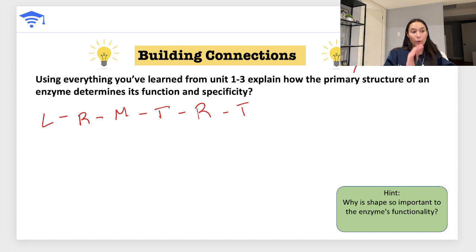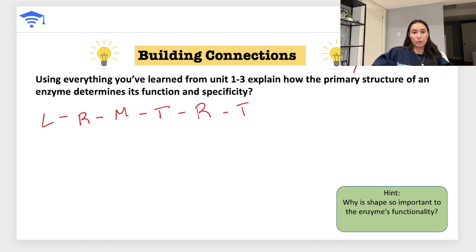However, if you do remember how proteins fold, it is because of the R groups and the actual amino acid sequence that is determining the folding. So the order of the amino acids is very important for how it folds because it's going to determine which ones are interacting with one another. Let's say in the tertiary structure, you have the R groups.